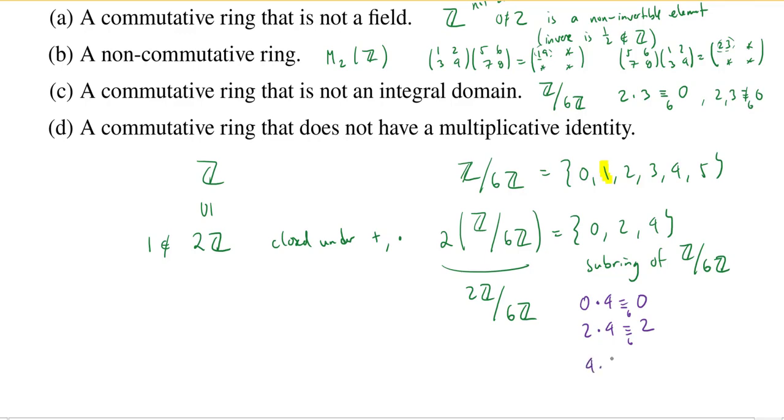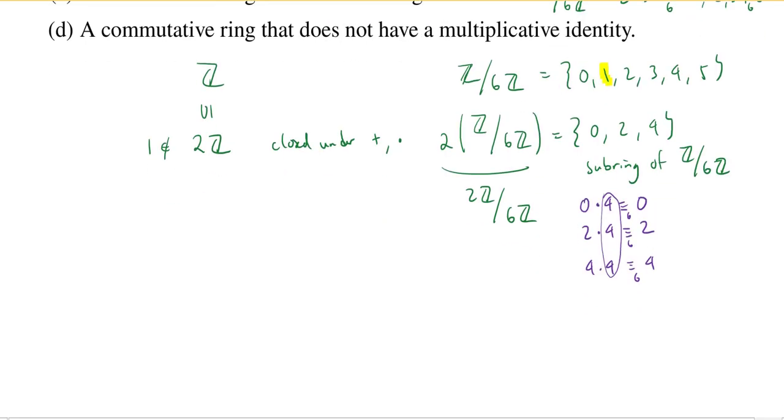And if I multiply 4 by 4, well, that was 16, but mod 6, that's also 4. Notice the common factor here of 4, and then look on the left and the right, you actually get the same values out. So even though 1, the multiplicative identity in Z mod 6Z, is not in 2Z mod 6Z, there is still actually a multiplicative identity. So 2Z mod 6Z has multiplicative identity, but it's equal to 4.